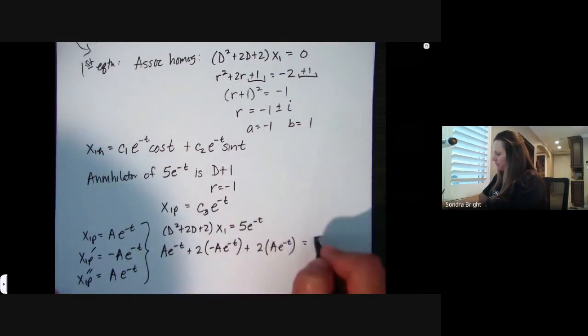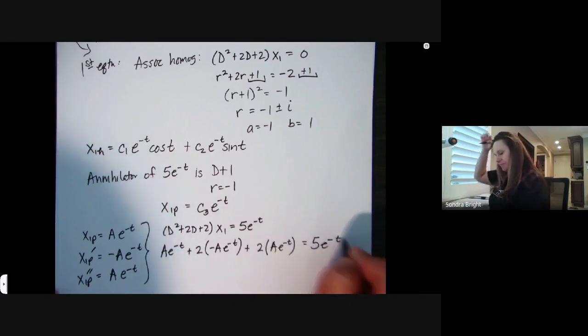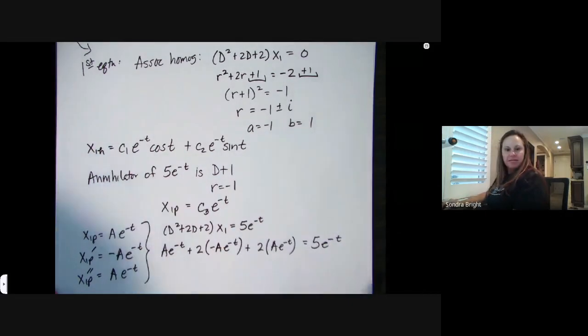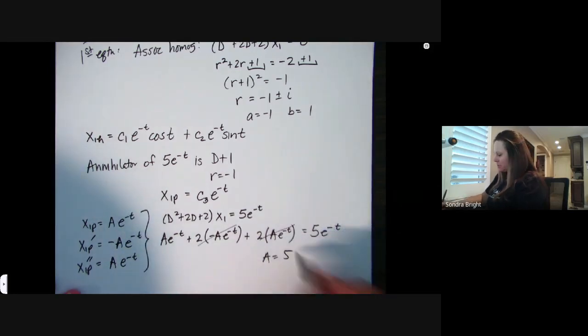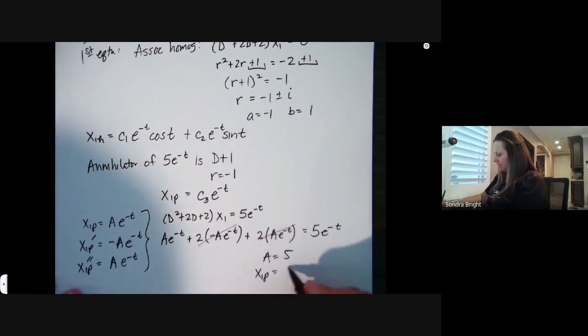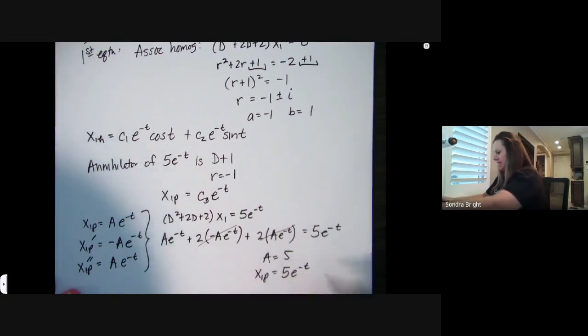And we're going to set that equal to 5 times e to the negative t. All right. And so you got a times e to the negative t is equal to 5 times, all right, a is 5. So your particular is 5e to the negative t.